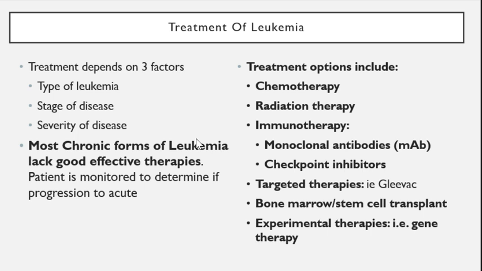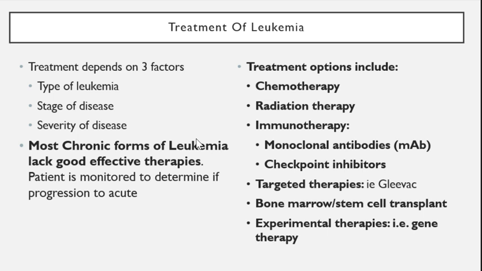Bone marrow stem cell transplants, because what you can do is come in and eliminate all white blood cells. There's a way to do that. And then you just have to replace them with non-cancerous white blood cells from a donor, and then you can fix it that way. There's also gene therapy targeting certain genetic components of cancer cells, but it really depends on the type of leukemia, the stage, and severity, of course.